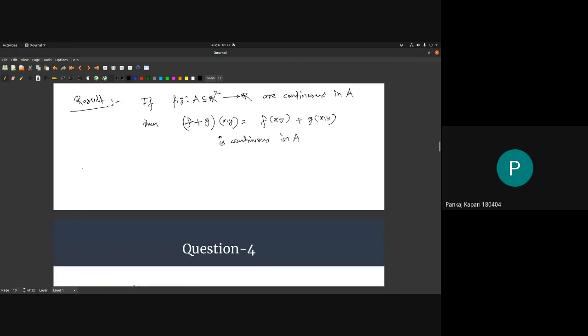Now just apply this result. Because of this result, we know that the function of two variables, 1 over sin pi x plus 1 over sin pi y, is also continuous, but you have to remove the integers.